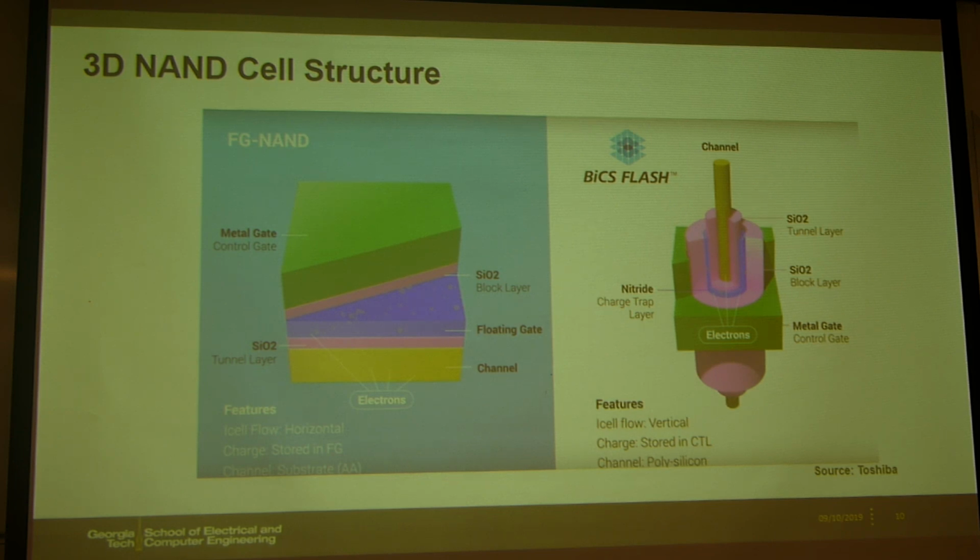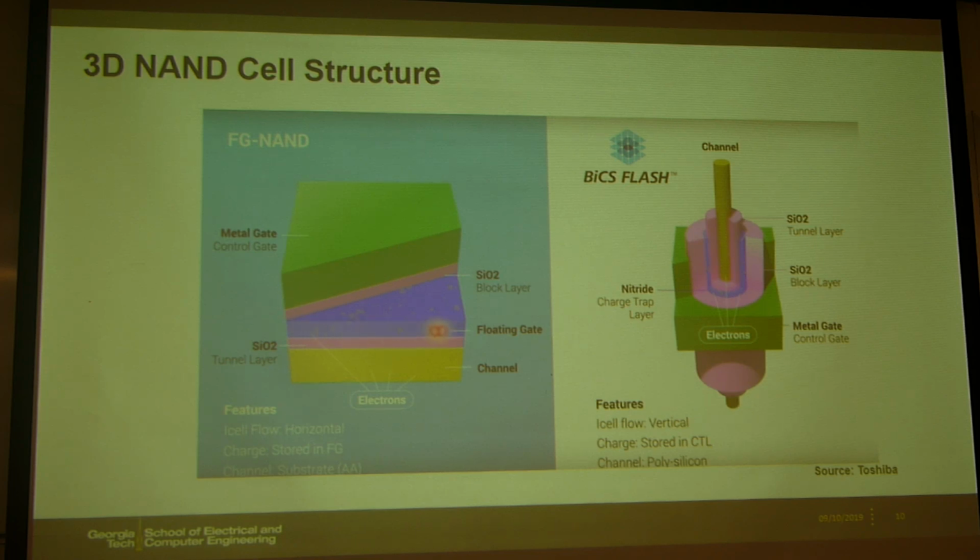There's some difference between this left side 2D NAND and right side 3D NAND. So the first is, as I said before, current flow direction is different. In 2D NAND, in this channel, the direction is horizontal, but in 3D NAND, in this yellow one, current flows in vertical direction. And in 2D NAND, electrons are stored in polysilicon layer that is called floating gate.